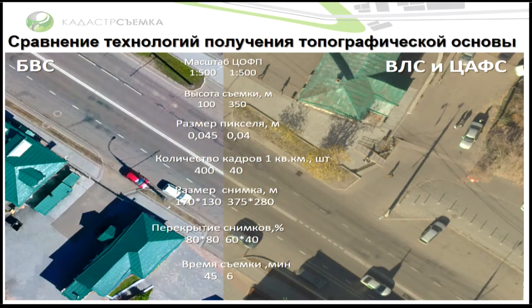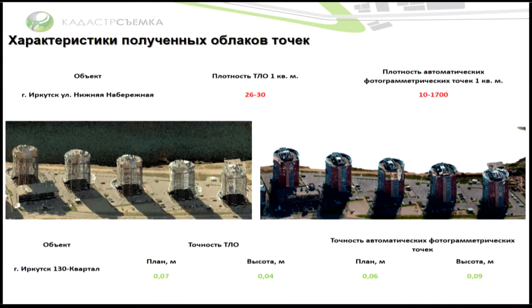Our output requirement was 1 to 500. So we do get 1 to 500. With the UAV it was 100, laser scanning 370. So you can see the image side, overlap information, and time spent on mission. What are the characteristics? Point density 26 to 30 per square meter, and automatic photogrammetric density is 1 to 1700 points.